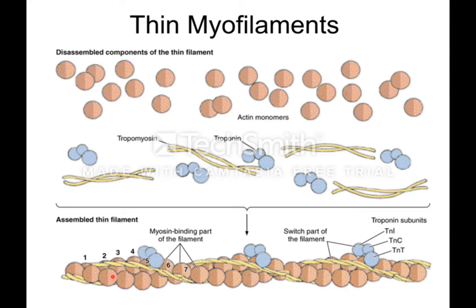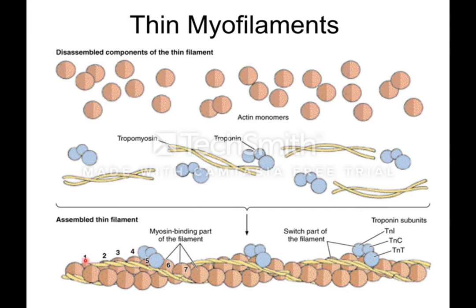The joining of the globular or monomeric actin to form the fibrous actin is done by tropomyosin, a double peptide chain that has some sites for attachment of the globular actin, as you see here.